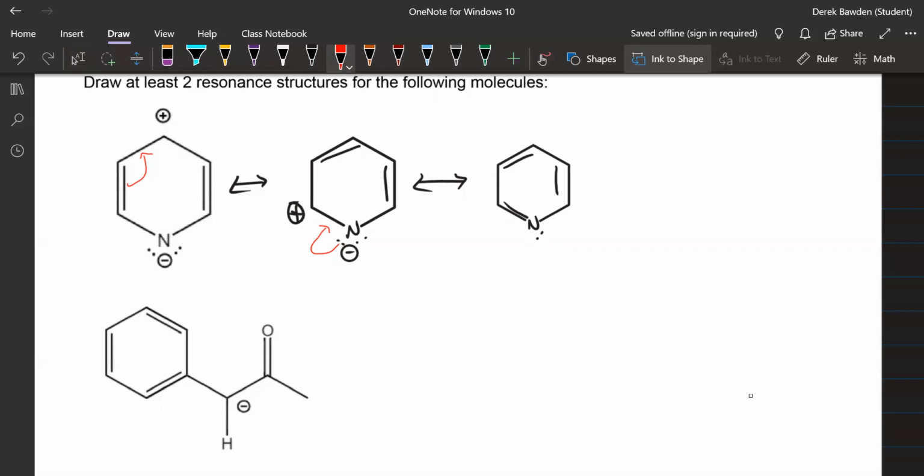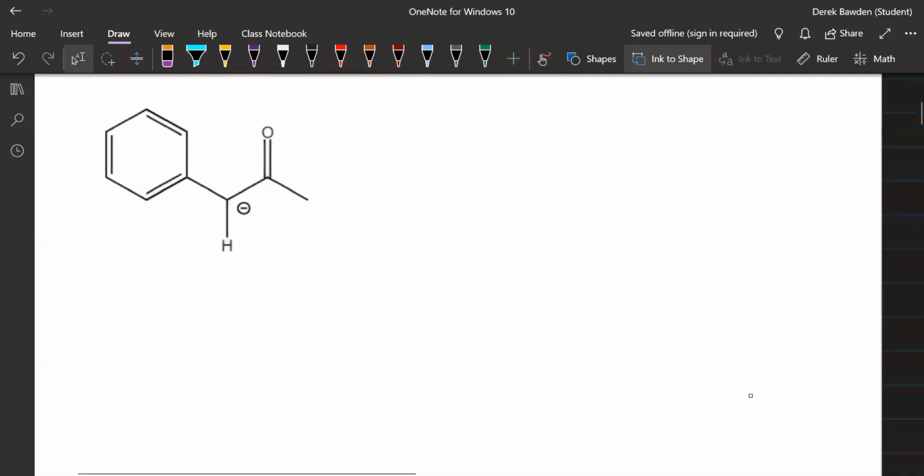So now we look at the second molecule. What's unhappy and how can we fix it? Well, that carbon has a negative charge on it, so that's not going to be very happy. In order to be negatively charged, this carbon has to have a set of lone pairs.